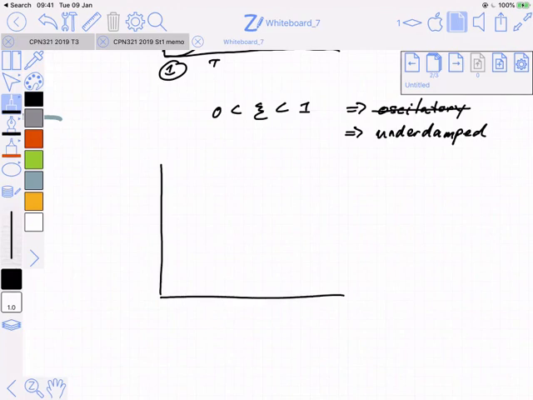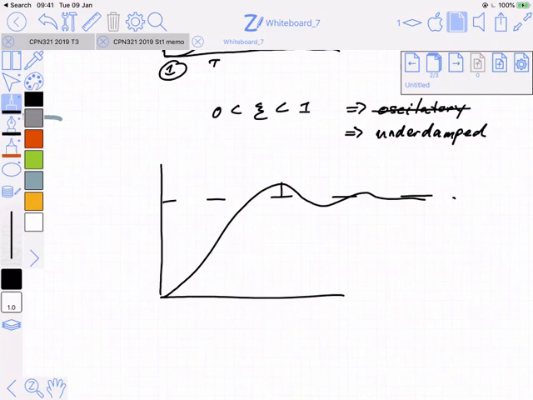I expect you to caricature a second order response this way. Caricature, right? Not because that's exactly the math, but because that gives you a space to talk about things like the overshoot.